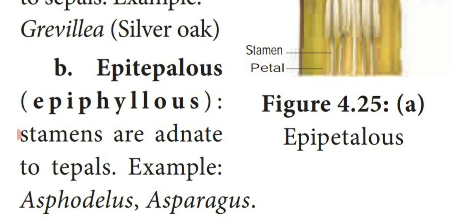Dear students, epipetalous, episepalous, epitepalous, three of them are very, very important. Two mark question: write short notes on adnation of a stamen is an important five mark question. The epitepalous examples are Asphodelus and Asparagus plant.